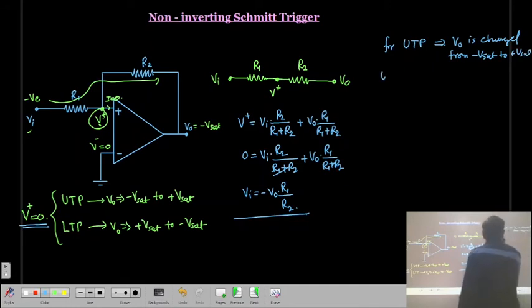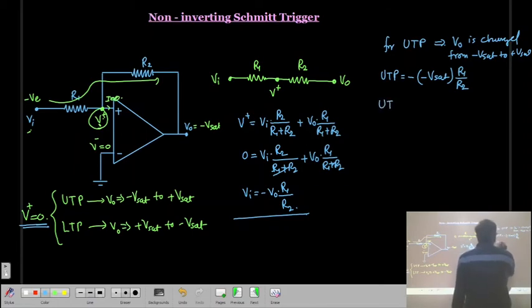So the UTP is given as minus into minus V saturation into R1 divided by R2. So UTP is equal to plus V saturation into R1 by R2.